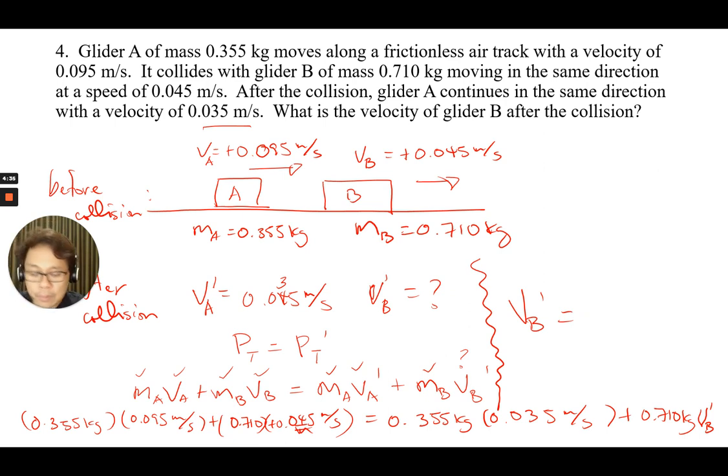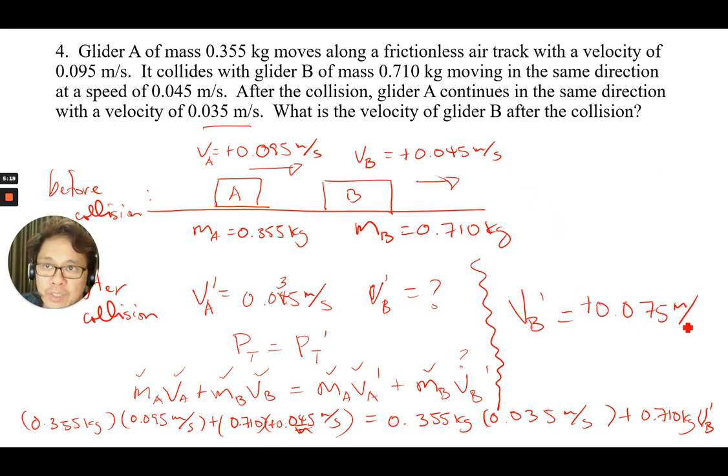Okay, let's see. 0.355 times 0.095 plus 0.710 times 0.045, then minus 0.355 times 0.035, then divided by 0.710, you get positive 0.075.